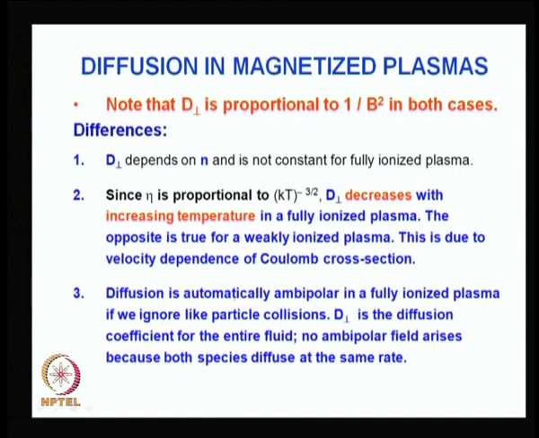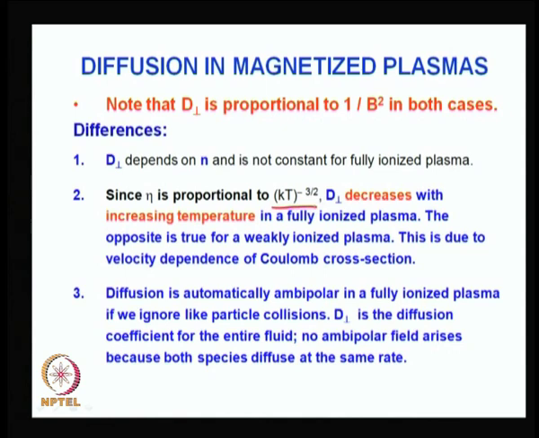Moreover, the specific resistivity is proportional to kT raised to the power minus 3 by 2. So, D perp in a fully ionized plasma decreases as the temperature increases, and the opposite is true for the weakly ionized plasmas. This occurs because of the velocity dependence of Coulomb cross section.